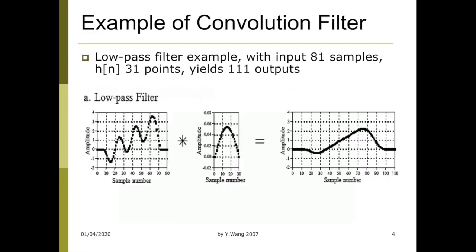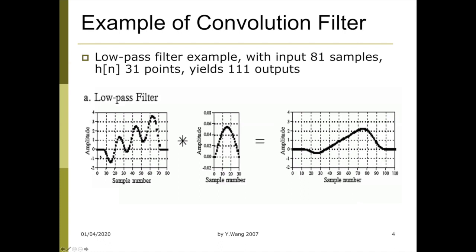Okay, so this approach can implement, for example, a low-pass filter. Again, this diagram has been shown before. It shows a signal mixed with more than one frequency component, applying a low-pass filter kernel in a convolution way and ending up with just one signal component.